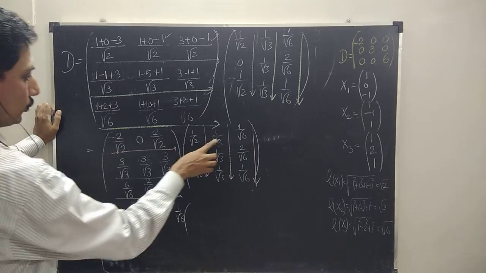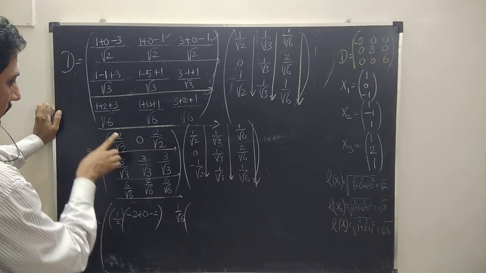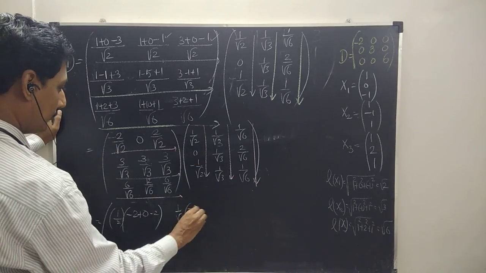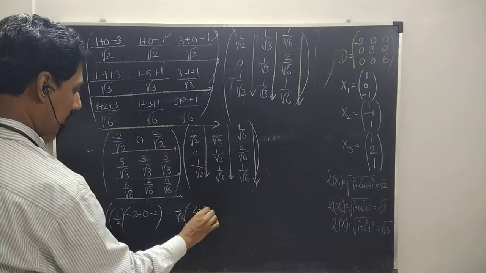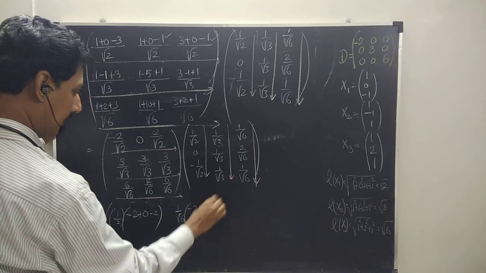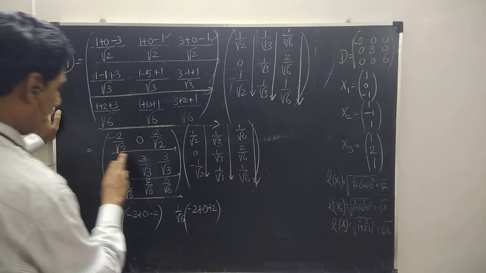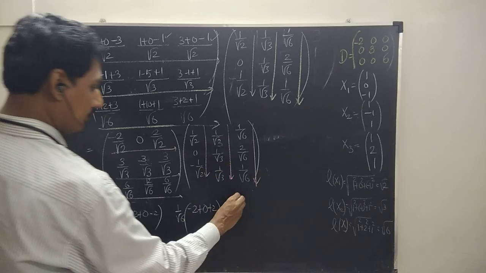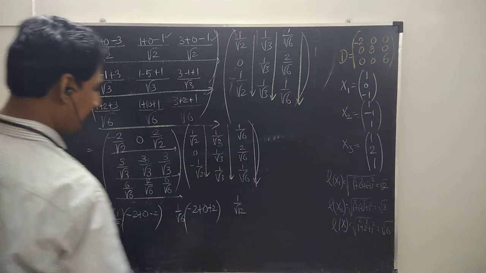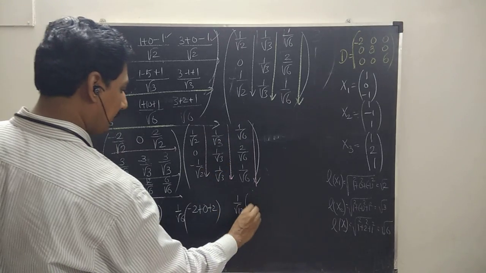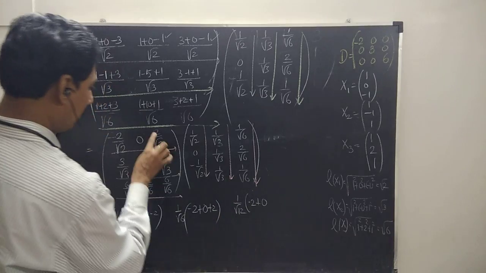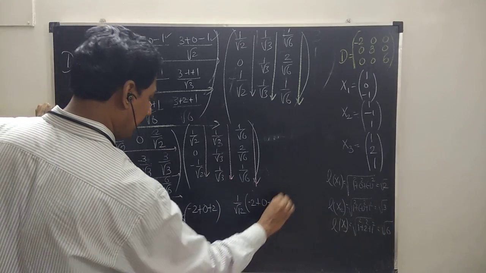So root 2 into root 3 is root 6 taken common, right? So minus 2 into plus 1 is minus 2, 0 into 1 is 0, and 2 into 1 is plus 2, right? And this 1 by root 2 into 1 by root 6, 1 by root 2 is taken common, then minus 2 into 1 is minus 2, plus 0, 2 into 1 is 2, right?